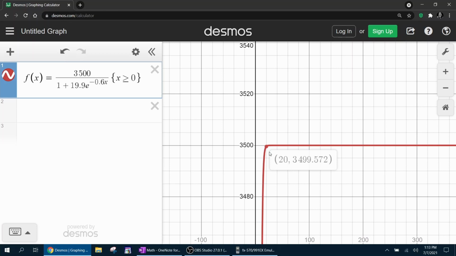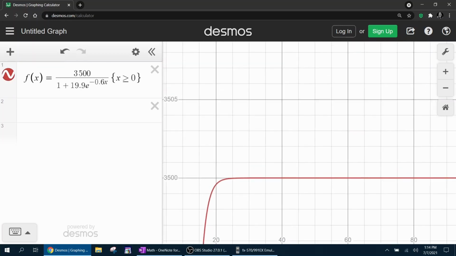That would round to 3,500, but it's not exactly 3,500. It rounds there, but it's not exactly that. And then if we continue to go out, you're going to see that at 32 it says 3,500, but that's only because it rounded it up. So even though Desmos says 3,500, it's not actually 3,500 because it's rounding.